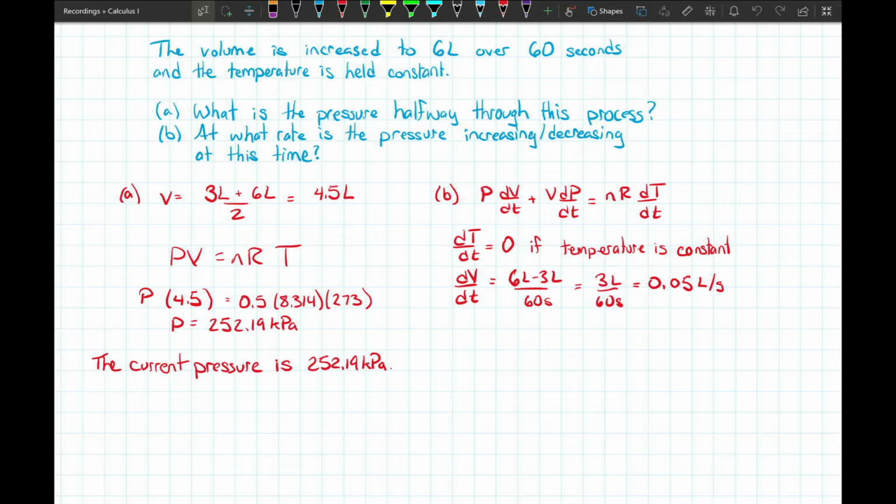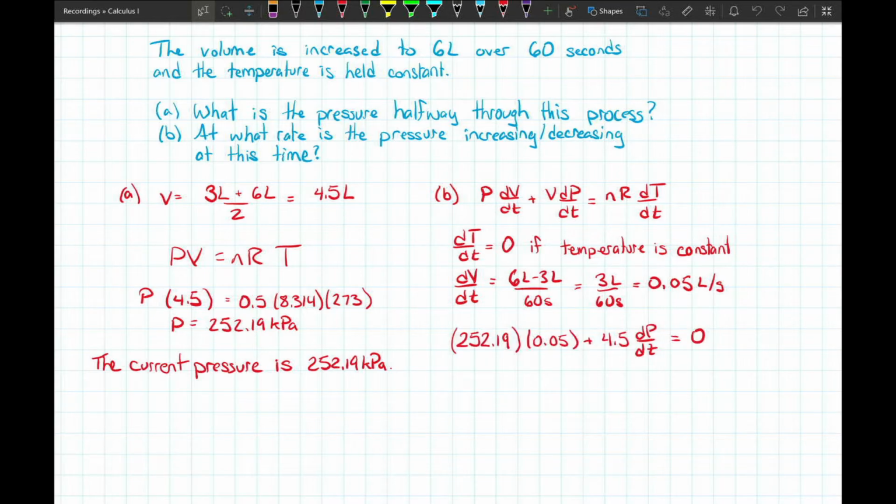And then, knowing two of the rates, and knowing the current pressure and current volume at this specific time, which is going to be 30 seconds of the way through the process, then we can plug these numbers in. Now, notice that we're not plugging in anything for time. We're simply plugging in the given quantities and their given rates of change at a specific time.